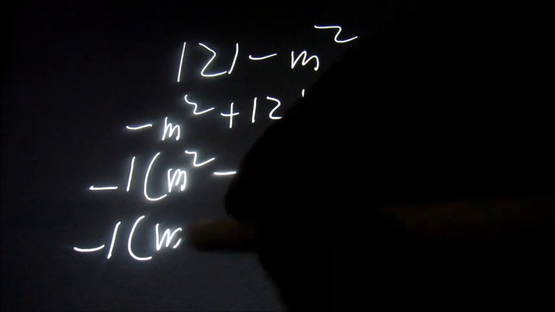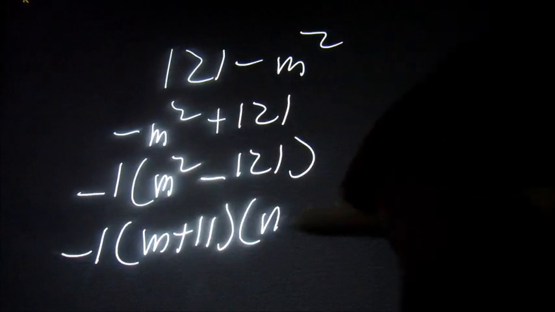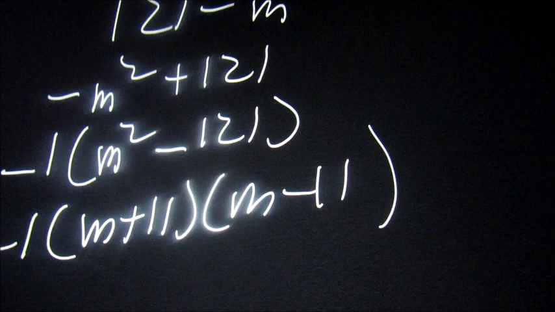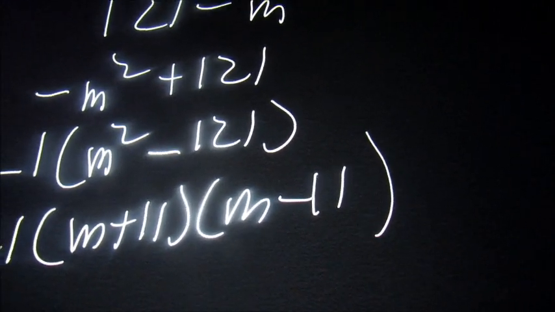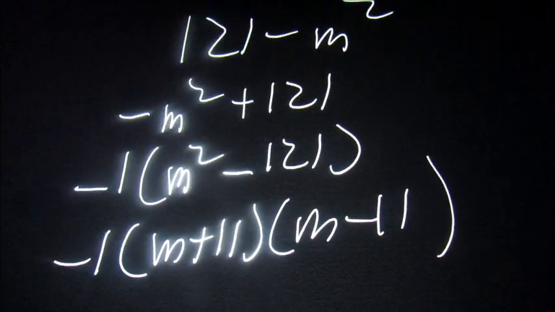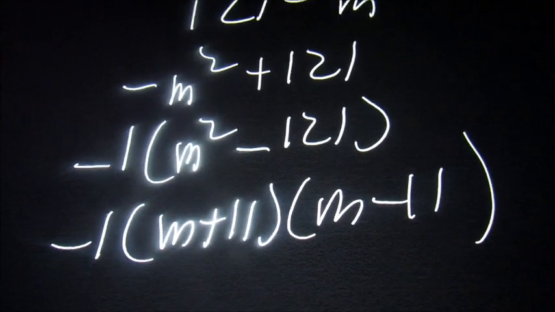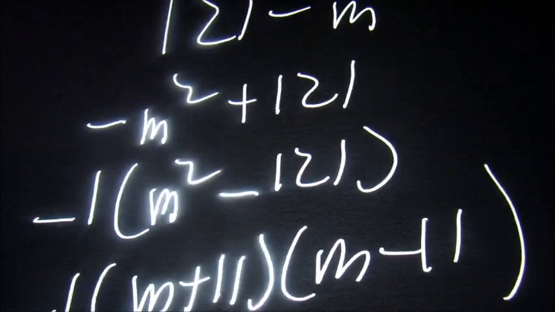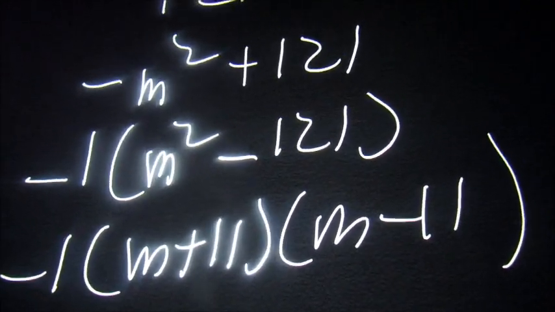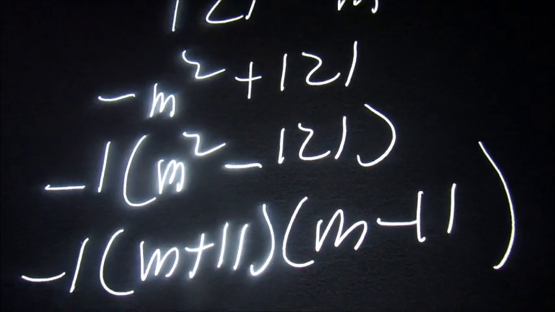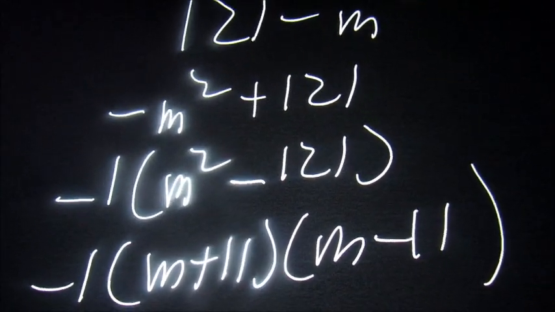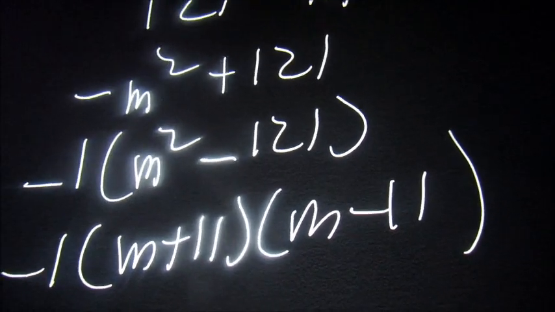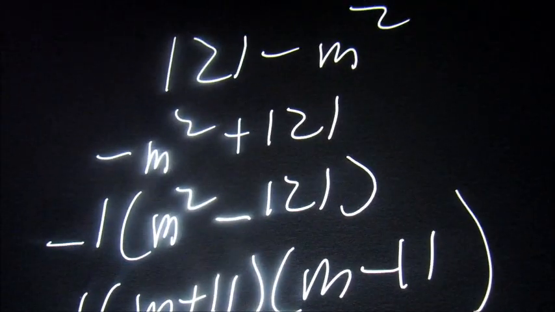And then we're going to have negative 1 times m plus 11, m minus 11. This is the same as what we did before with just the 11 plus m and 11 minus m. The only reason I'm saying to do this now is because in the next chapter, you're going to have to do it like that.